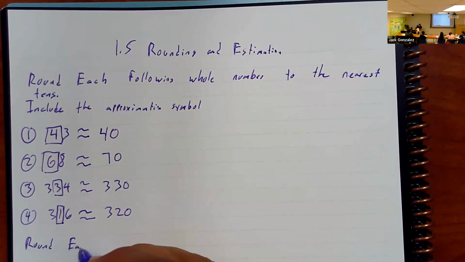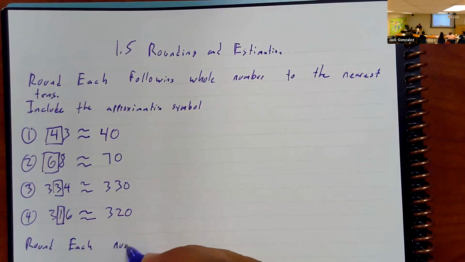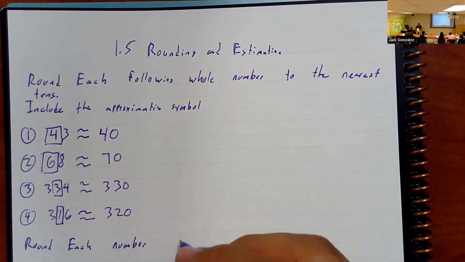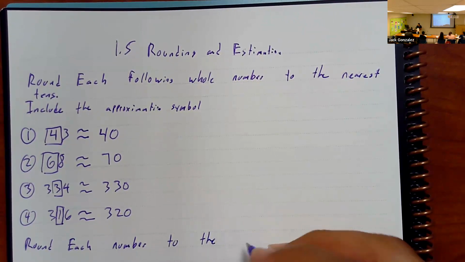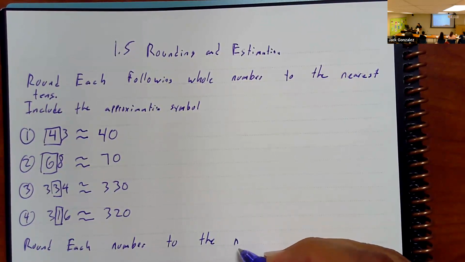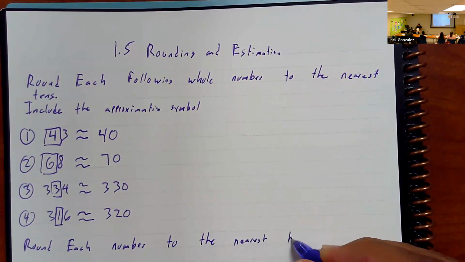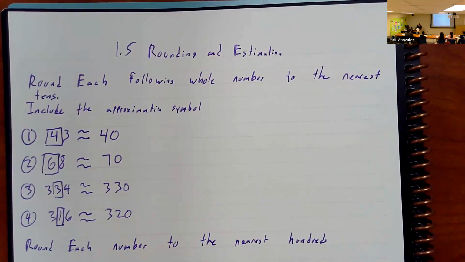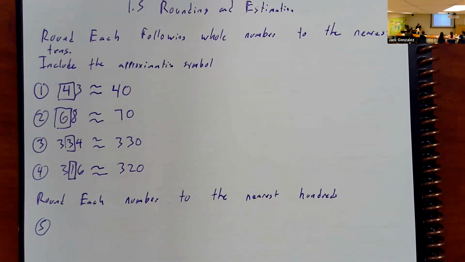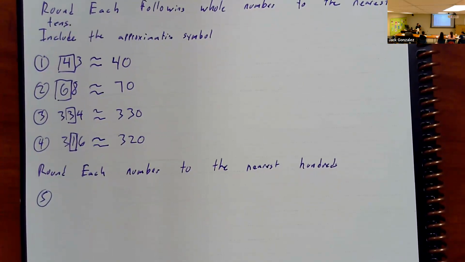Round each number to the nearest hundreds. Or some review questions just in case, so we'll probably need this later.